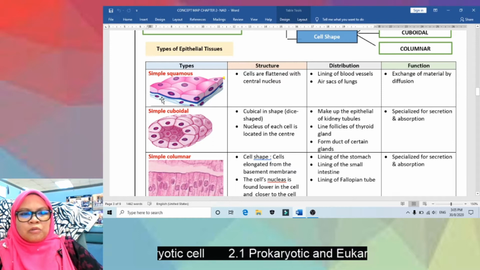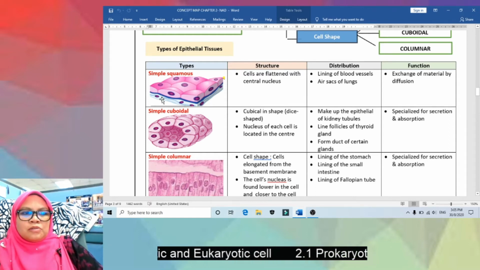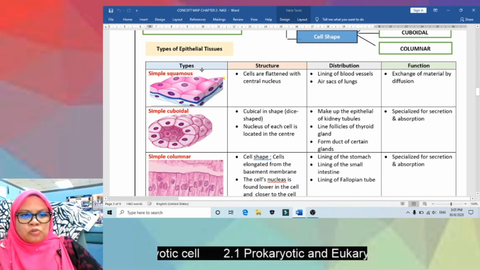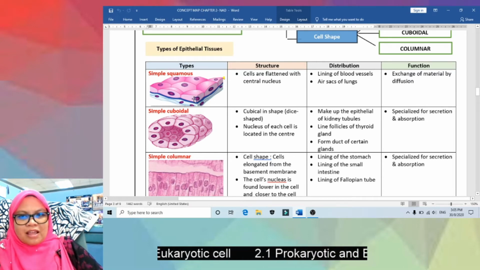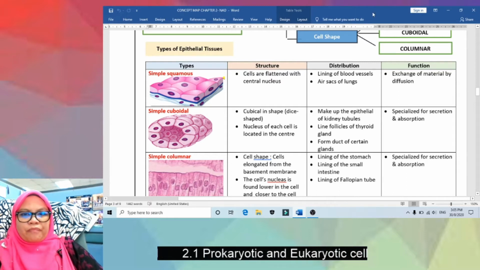To allow certain substances to cross the blood vessel or the air sac of the lung easily, it requires a very thin epithelial tissue. That's why the tissue is simple squamous, because the squamous cell is flattened and the arrangement is only one cell thick, so it allows diffusion to occur efficiently.